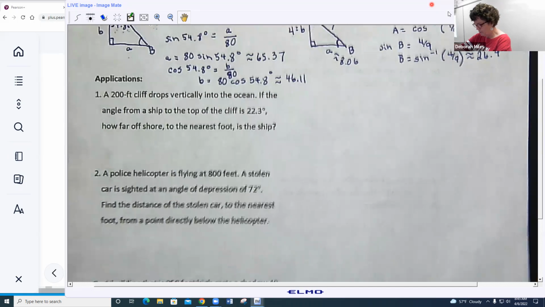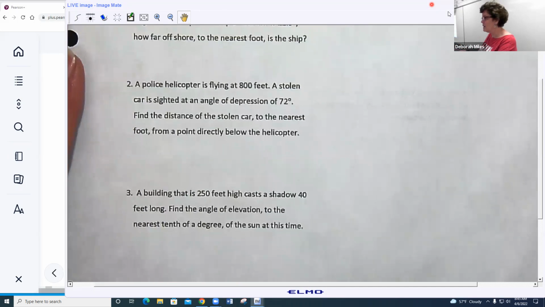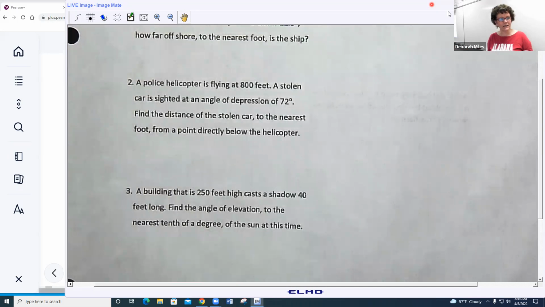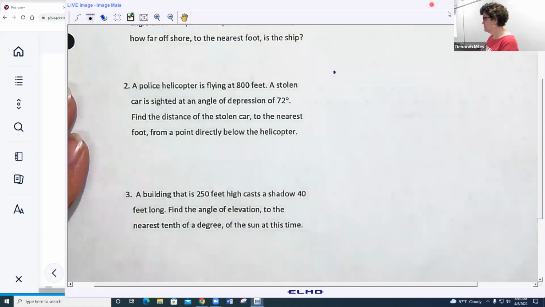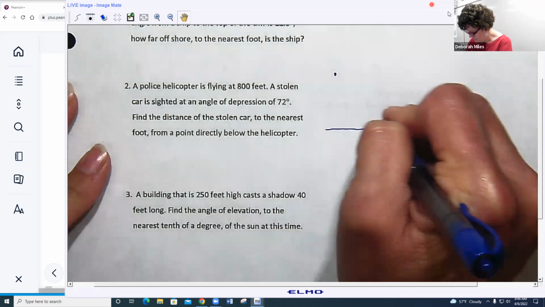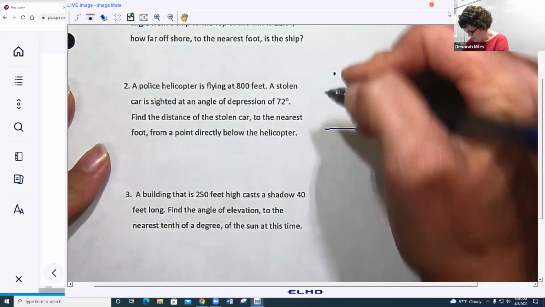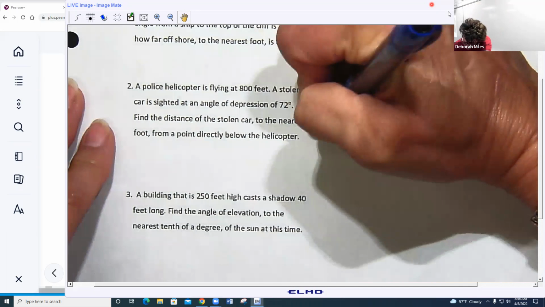There's something I want to tell you about 2, and then I want to have time to review linear velocity and angular velocity. So number 2, a police helicopter is flying at an altitude of 800 feet. Here's my very best helicopter. Here's the ground. Here's an altitude of 800 feet.